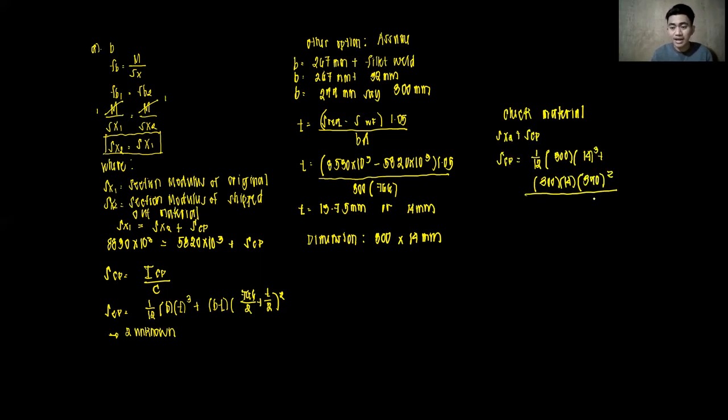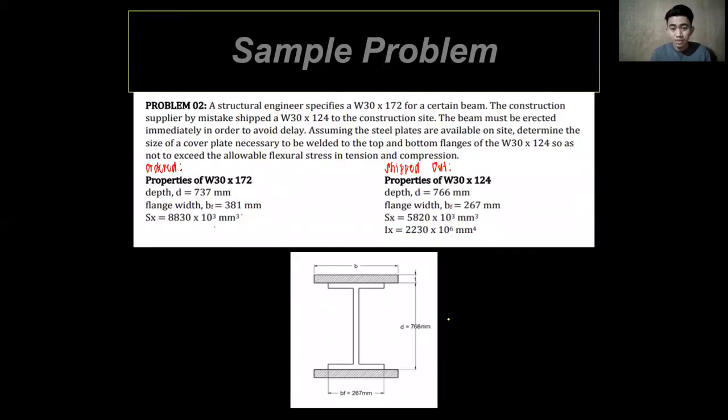This is divided by 397. So where did that come from? The value for C is equal to 766 all over 2 plus the thickness, which is 14. C is the distance from the centroid or central axis to the topmost part, or from the bottommost part since they are symmetrical.